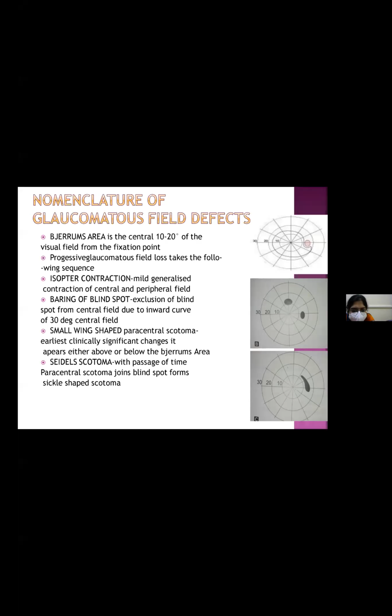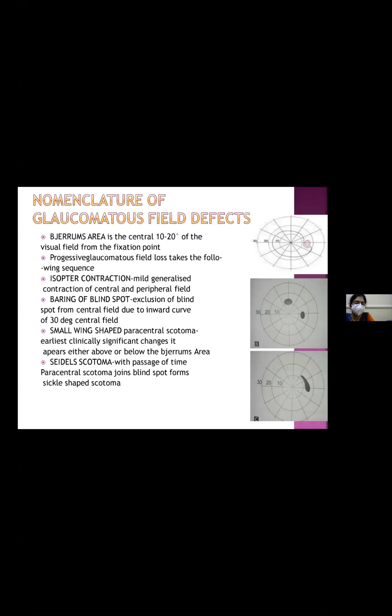It is the earliest visual field defect. Then field loss due to inward curling of the 30 degree central field is seen. The next is a small wing-shaped paracentral scotoma. It is the earliest clinically significant change. It appears either above or below Bjerrum's area.